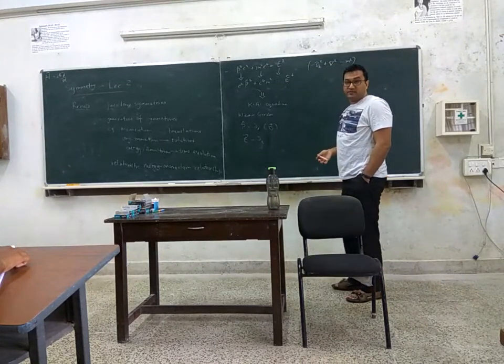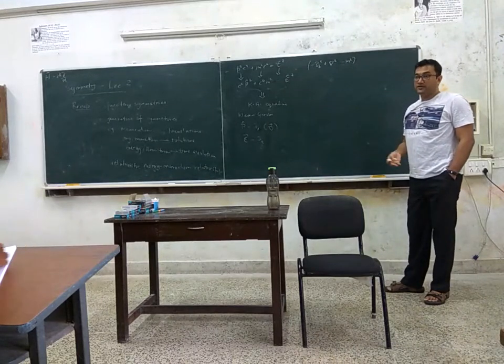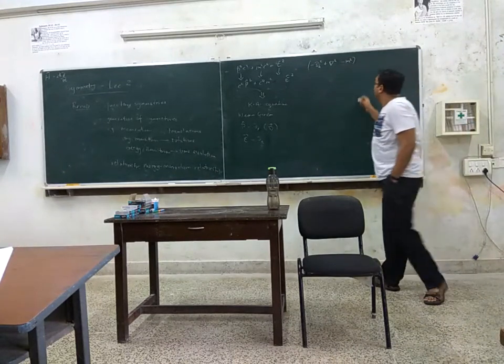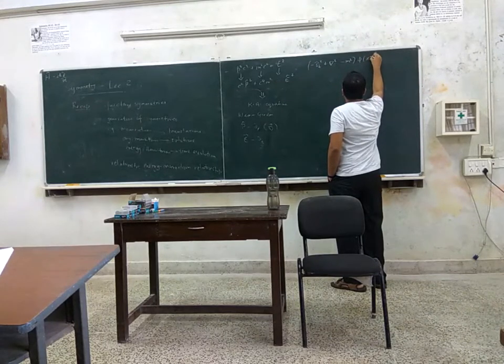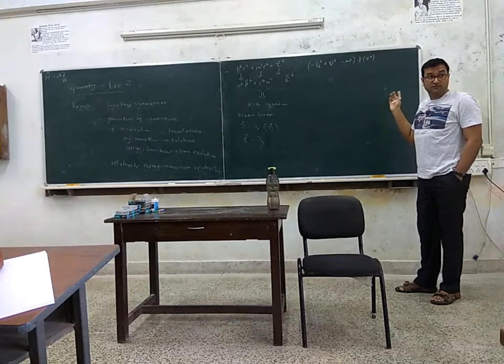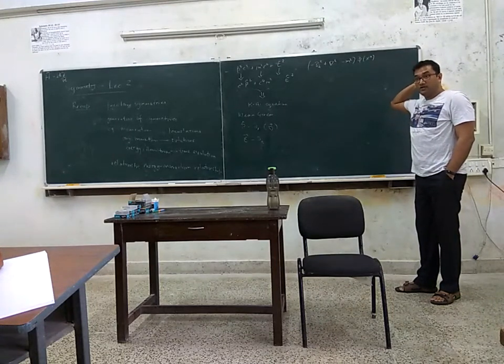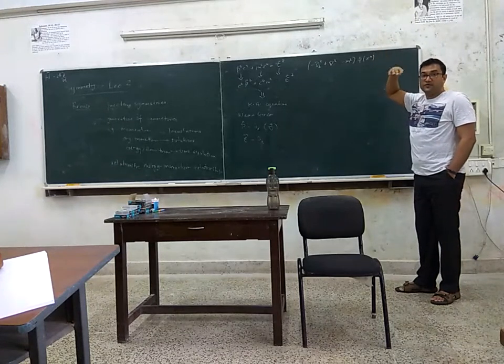Operators act on something. The simplest thing they can act on is some function of space-time. So phi of x mu, right? Those who took GR last semester know this notation. Mu means we're talking about space-time coordinates.